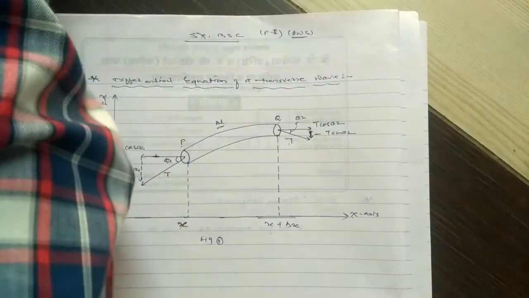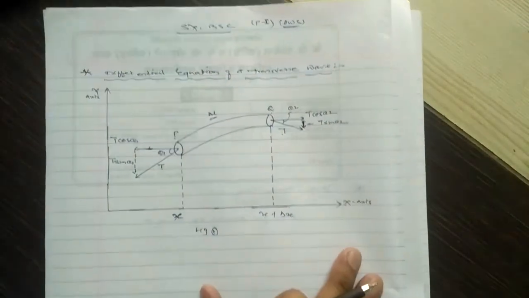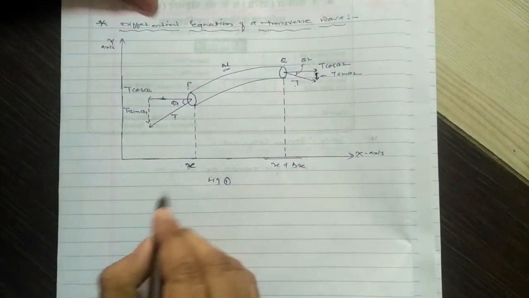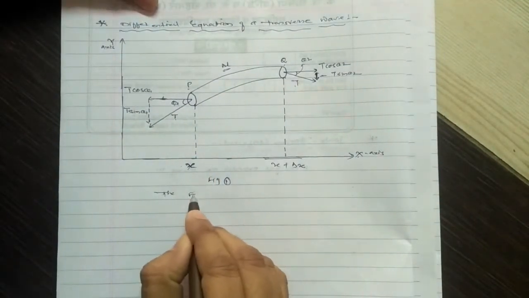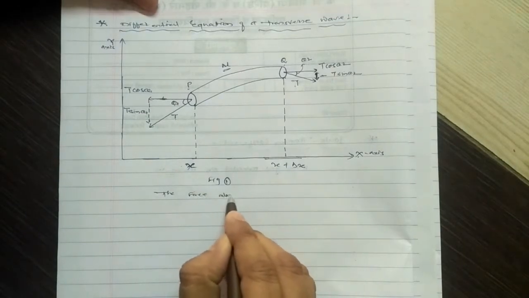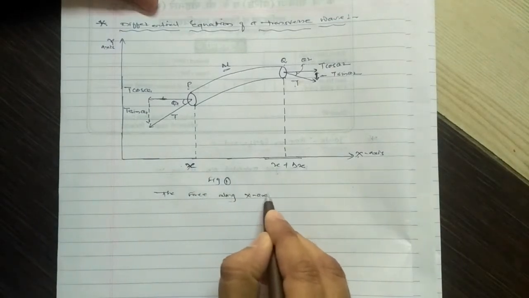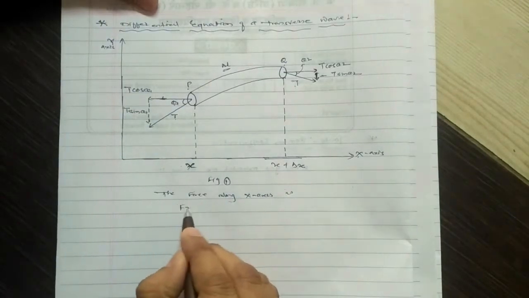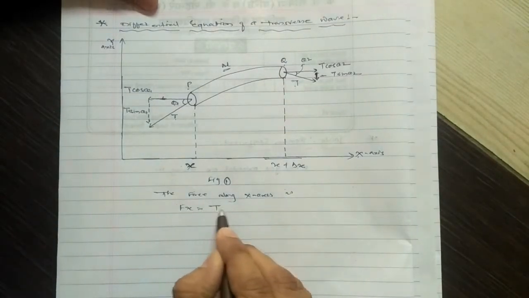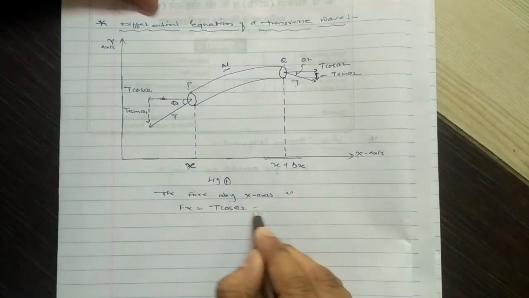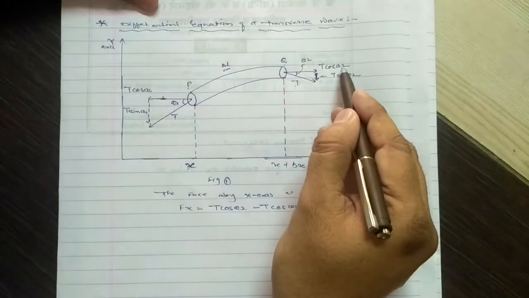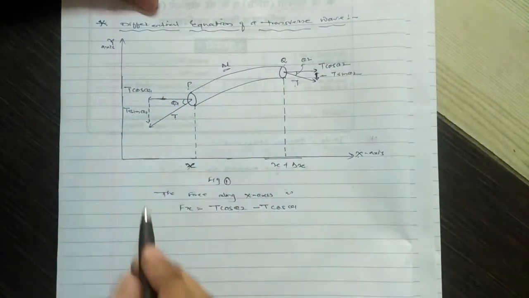In this figure, the force along the x-axis is f of x equals T cos theta 2 minus T cos theta 1. This is theta 2 and this is theta 1.